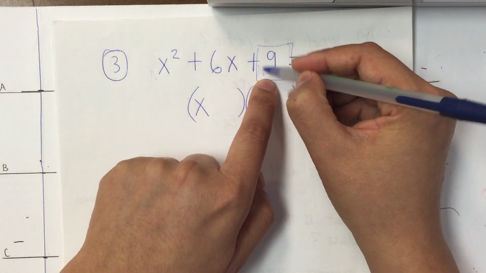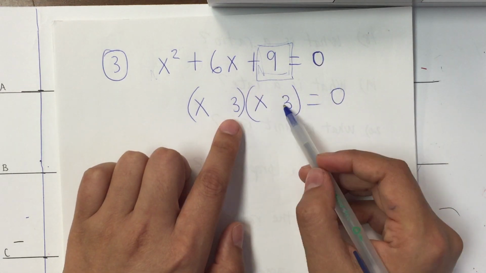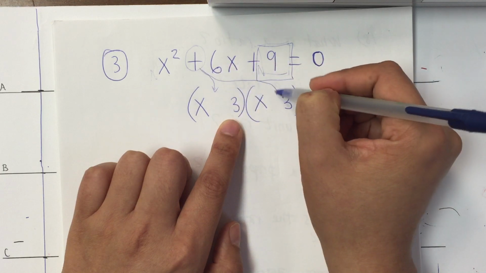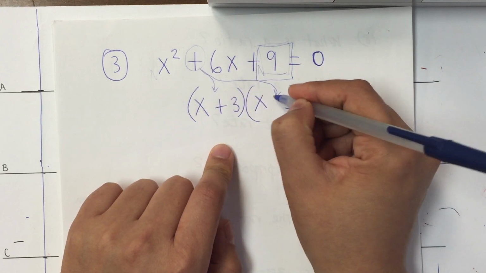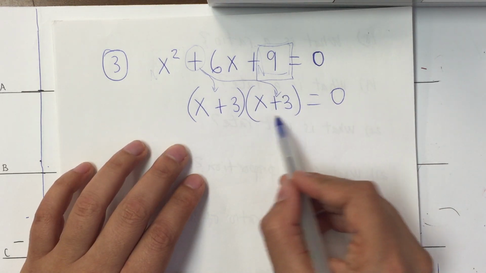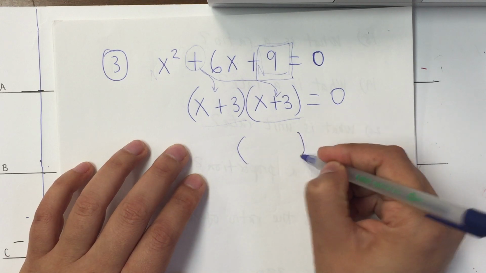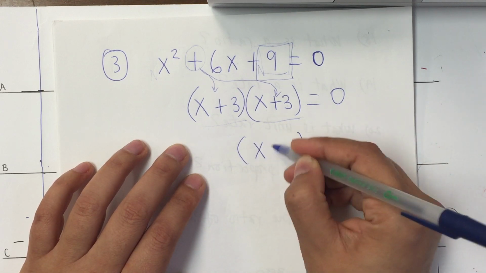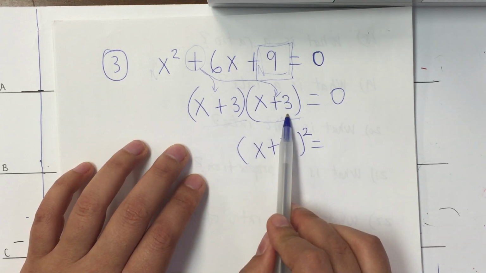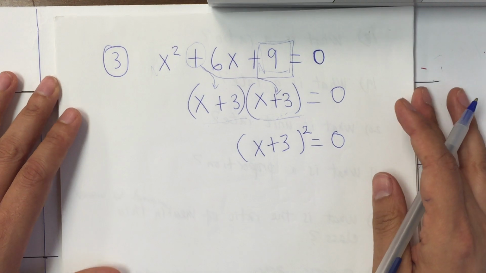The square root of 9 is 3, and put it in both of them. And we keep the sign of the middle term. But remember that we're going to write this with an exponent. So we're going to put x plus 3 to the second power, because we have it twice, equals 0. And that's when we start solving.